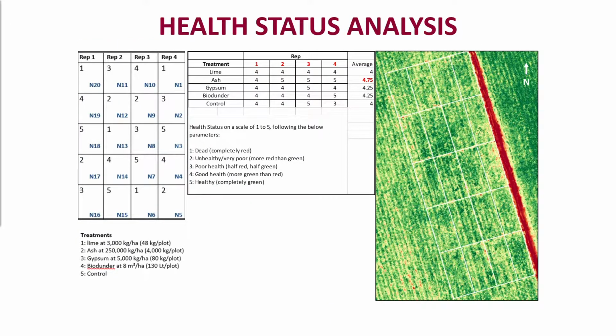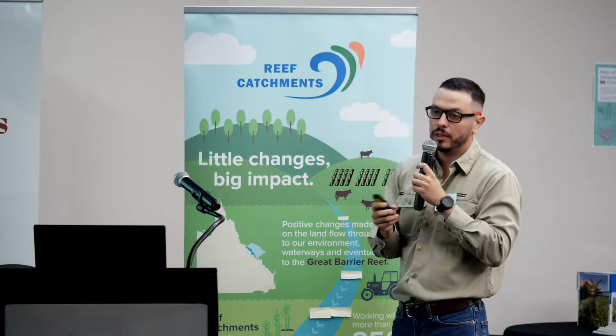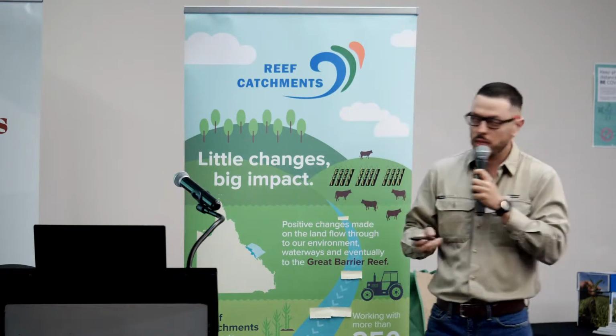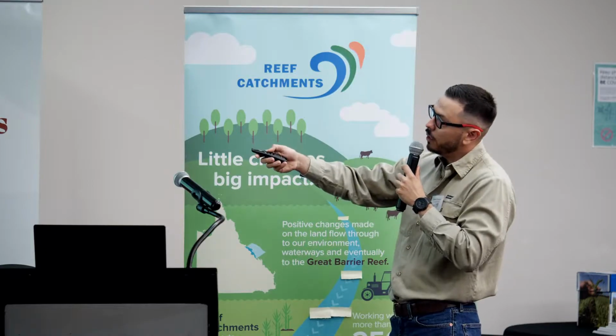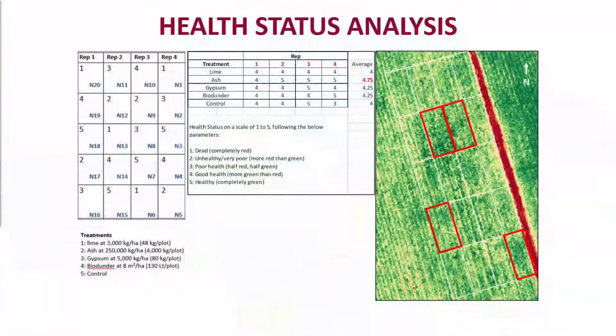And what I was actually hoping to show you guys was this. From Marcus's drone imagery, I started thinking, well, I can see those plots in there, but how can I get better use of this drone imagery? So I started identifying the plots in there, and I just came up with an idea.